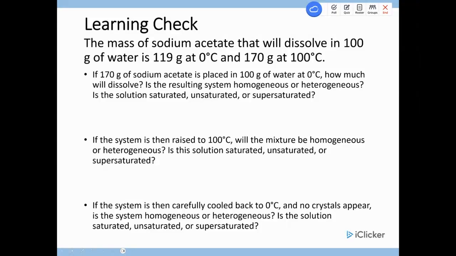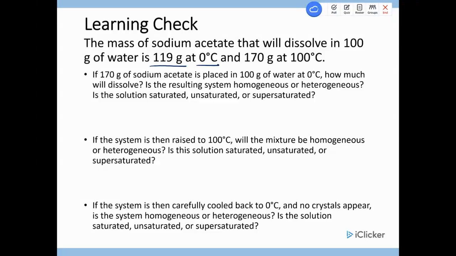So if we have 170 grams of sodium acetate placed in 100 grams of water at 0 degrees Celsius, how much will dissolve? Well, we need to look at the solubility at 0 degrees Celsius. At 0 degrees Celsius and 100 grams of water, 119 grams of sodium acetate will dissolve.